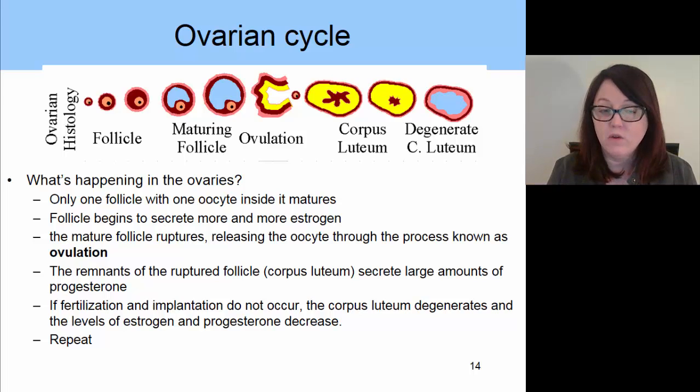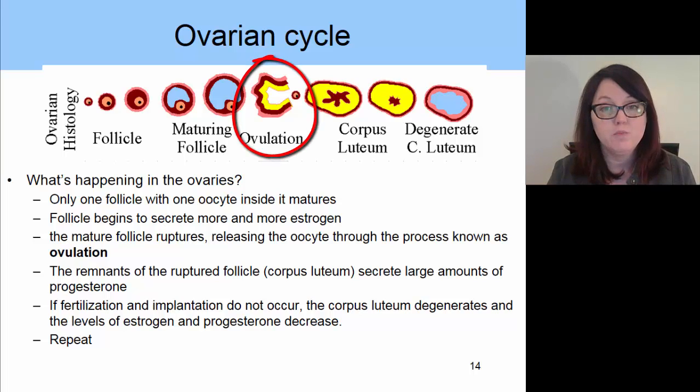What happens is the follicle begins to secrete more and more estrogen as it grows larger and larger. Eventually, the mature follicle ruptures, and this releases the oocyte into the fluid around the ovaries. This process is called ovulation.